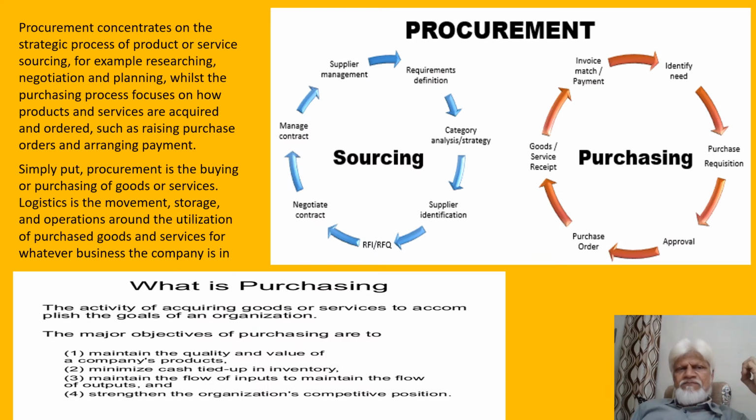So procurement plays a very important role here in the strategic process of sourcing, for example researching, negotiation, planning, and the purchase. There are a lot of processes involved in this. If you see the sourcing and processing concept, it shouldn't happen that you are purchasing a product at a very high price, particularly raw material. What does the procurement department do?